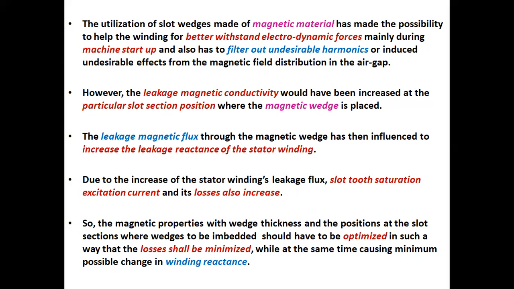So, the magnetic properties with wedge thickness and the positions at the slot sections where wedges are to be embedded have to be optimized in such a way that the losses shall be minimized, while at the same time causing minimum possible change in winding reactance.